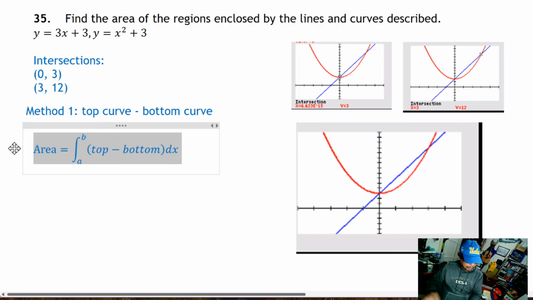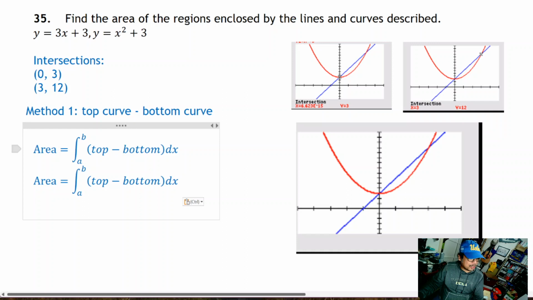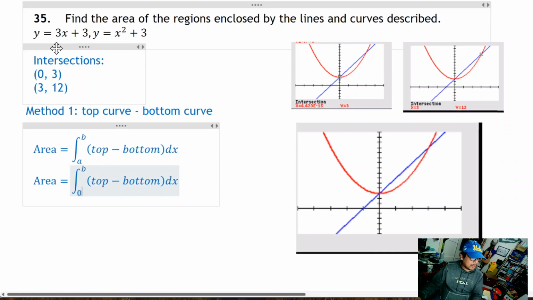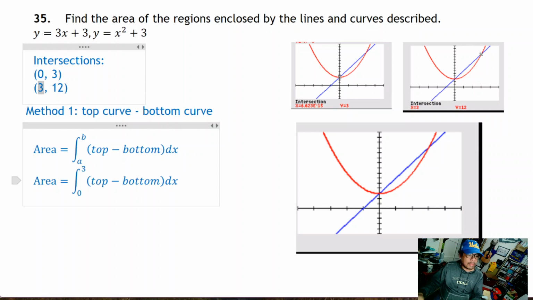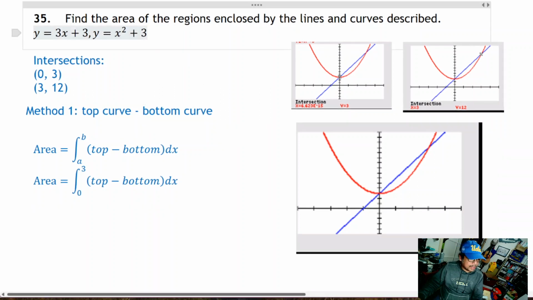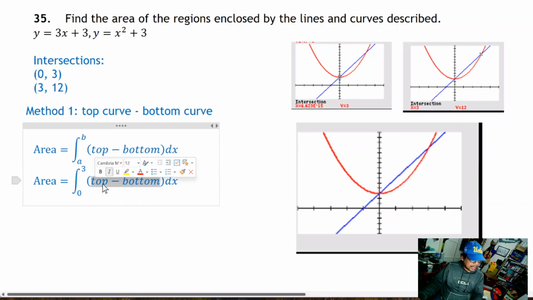Okay, dx is important because it tells us that everything we're going to do is in terms of x. So a is the minimum value of x. We said that was 0 right over here. B is the largest value of x, and that is 3 right here. The top curve is x plus 3. So we'll replace that top curve with x plus 3.